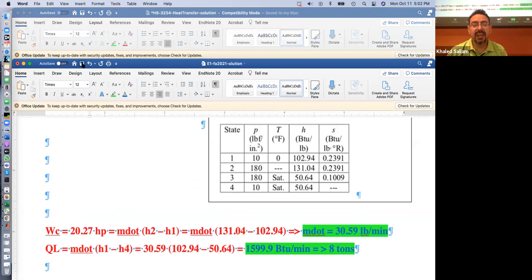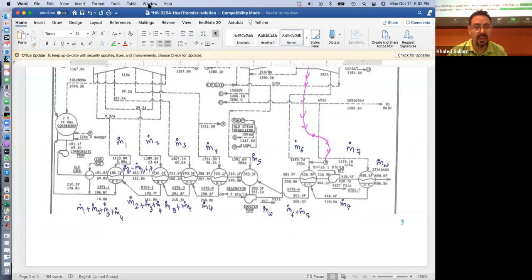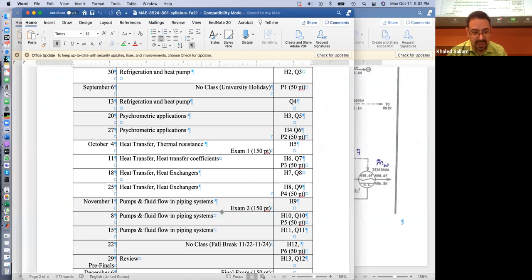So our second exam is coming in what, 3 weeks? Let's look at the syllabus. Our second exam is November 1st. We're already here, so 1, 2, 3, right? And it will be mainly heat transfer and psychrometrics, because we didn't do psychrometrics in this exam.